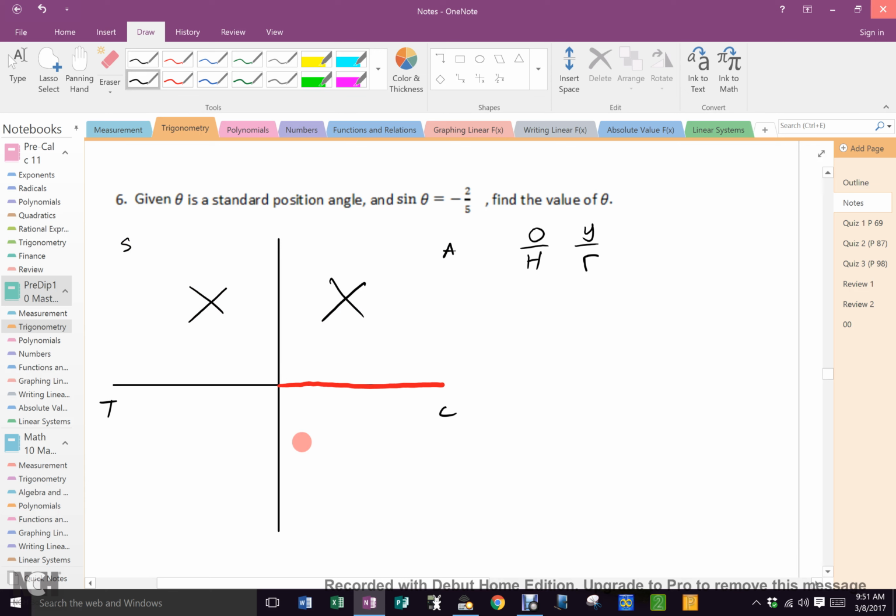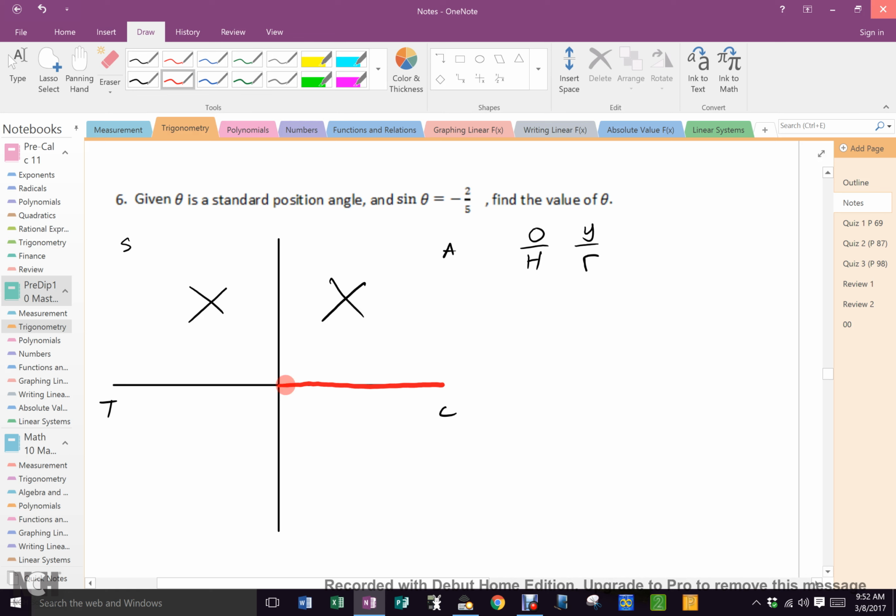Okay. Everybody understands? Now, since it's y over r, which one of those has to be the negative? The numerator or the denominator? The numerator. Why? Because it's on the y-axis. This has to be the radius of our circle, which is always positive, isn't it? So I have to drop down 2 on the y-axis, right?